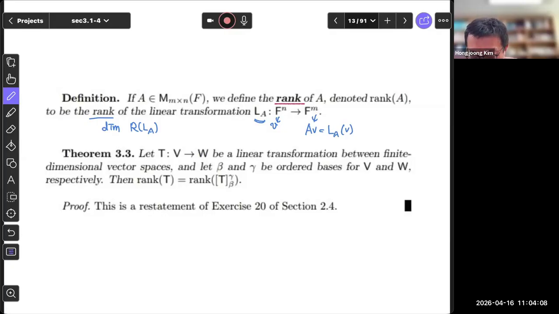Theorem 3.3. Let's suppose that T is a linear transformation between finite dimensional vector spaces, and beta and gamma are the bases for V and W respectively. Then the theorem says the rank of this linear transformation equals the rank of the matrix representing T when beta and gamma are ordered bases for V and W respectively.